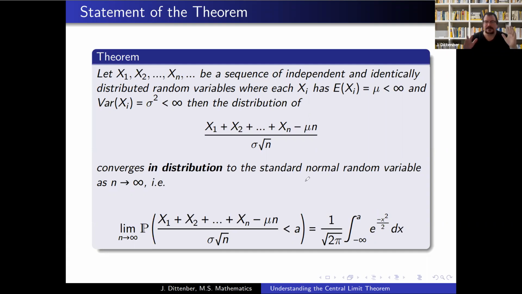Okay, so that's the theorem. That's the statement of the theorem. What's the big idea, in my opinion, here is that we're able to collect these samples. If you'll notice in the statement of the theorem, it doesn't matter what sort of distribution these random variables come from.